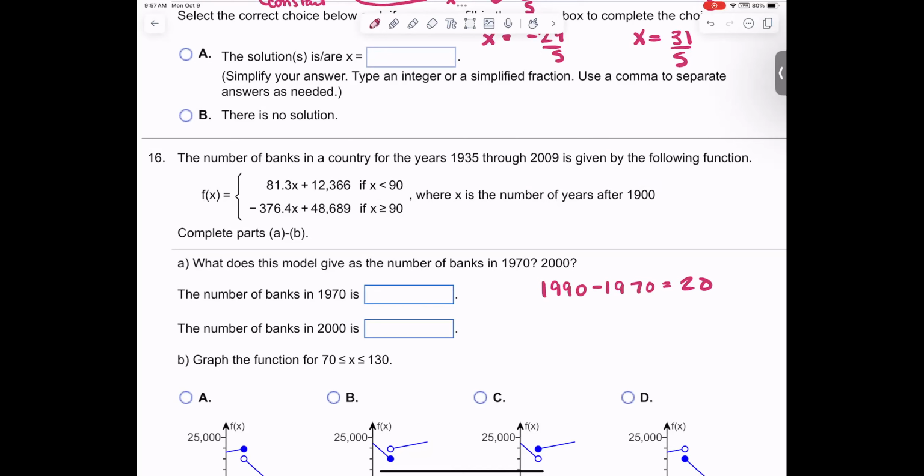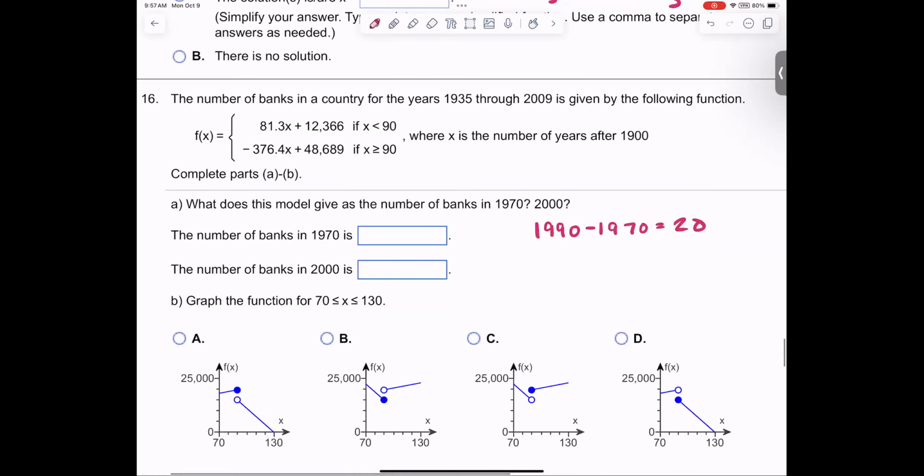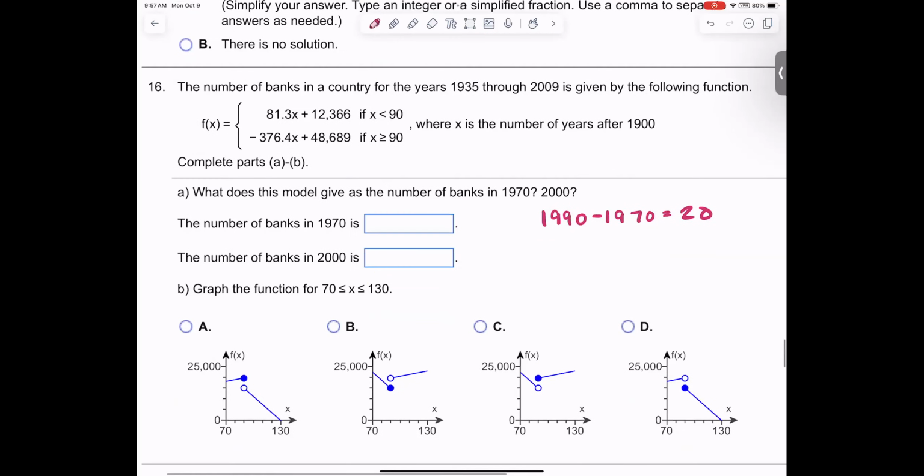Okay, so what do we get? Is that going to be the first part?